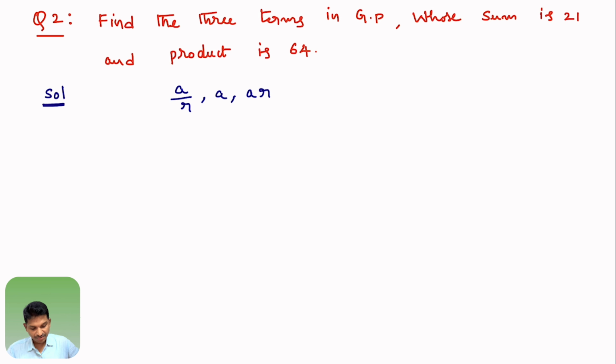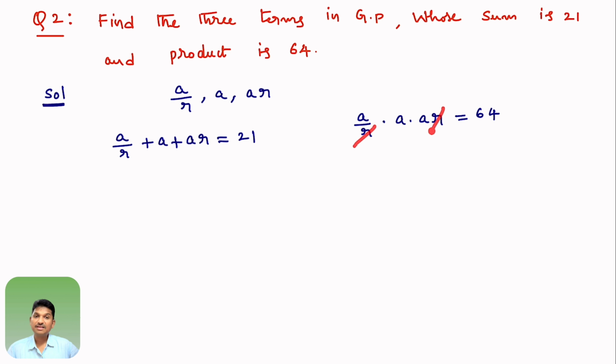Their sum is given: a by r plus a plus ar is 21, and the product a by r into a into ar equals 64. You can observe here this r will get cancelled. A into a into a is a cube. This 64 can be written as 4 cube. So directly I'll get the value of a. Now I got the value of a.